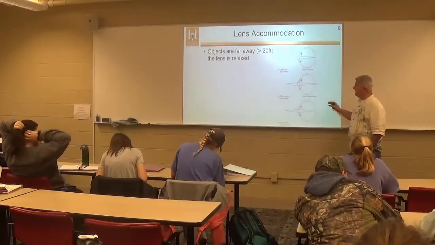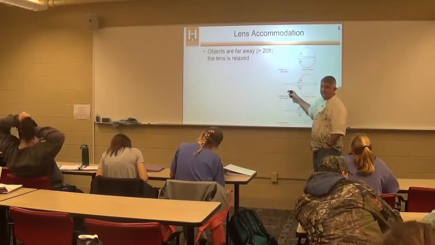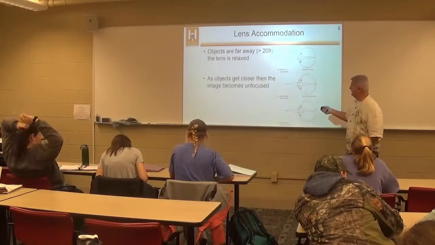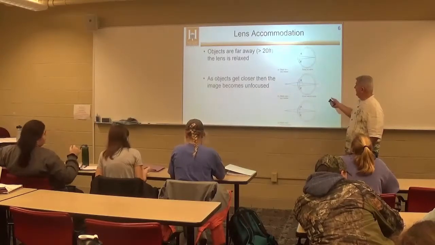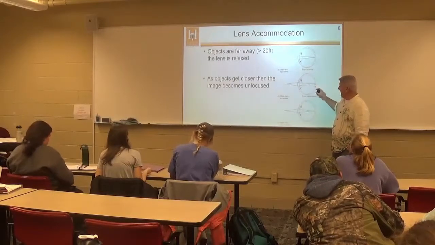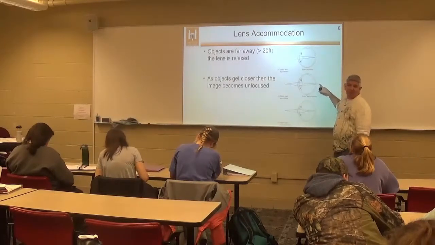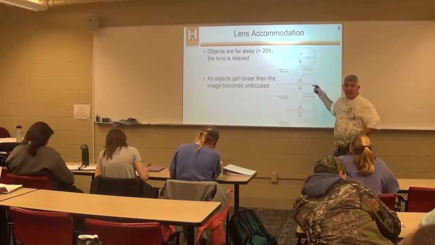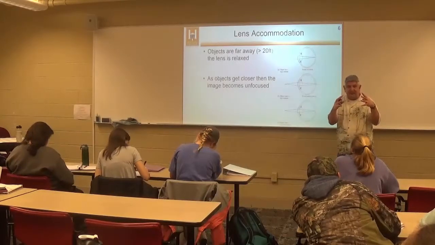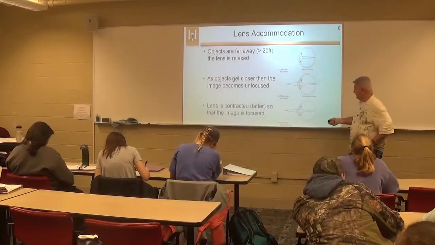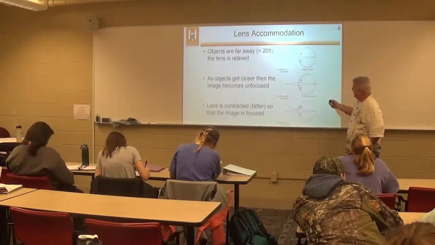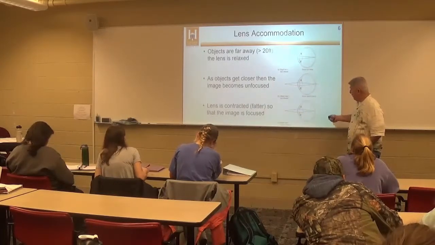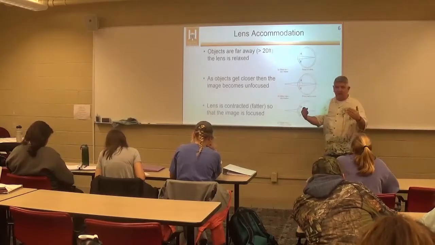But as things get closer to us, the image becomes unfocused. And in order to move that focal point from back here back onto the retina, our lens has to contract and get fatter. And when the lens contracts and gets fatter, it moves that image onto and focuses it on the retina.